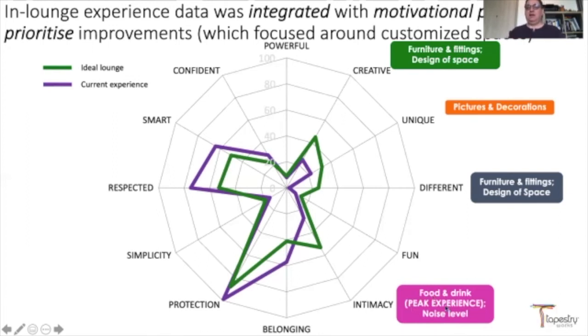This is where they decided to go for a peak experience, if you will. They introduced the customized noodle bar, where you can go up and have a chef make noodles to your own specification. And their subsequent research shows that's something people really remember as a peak experience.